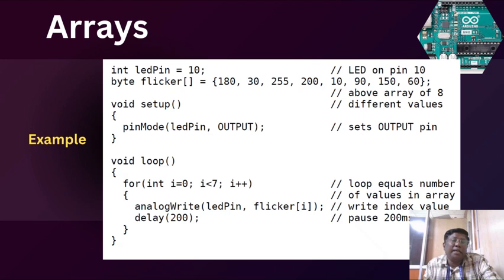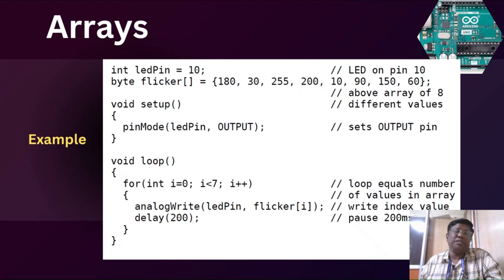Okay. Then the loop. So we are giving a loop, integer I equal to 0, and we are going to run up to I equal to 7. The terminator is 7. So I equal to I plus 1. Each time it runs, one increment will be there. So analog write LED pin flicker I. So this program is nothing but, when I equal to 0, it will take 180.